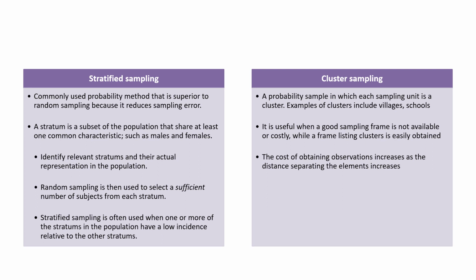For example, you may not have the list of everybody in a village, but you may have a list of all the households within the village. So you specifically choose households first, and then you go to those households and randomly select individuals in the households. The cost of obtaining observation increases as the distance separating the clusters increases. So you need to bear that in mind.